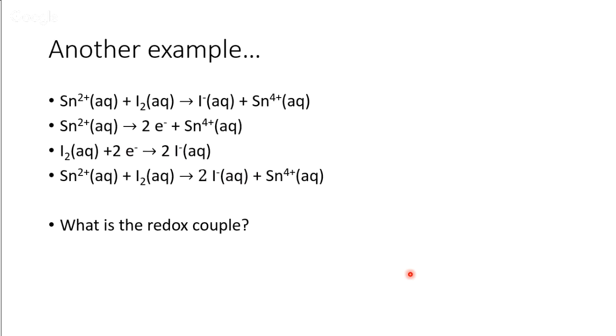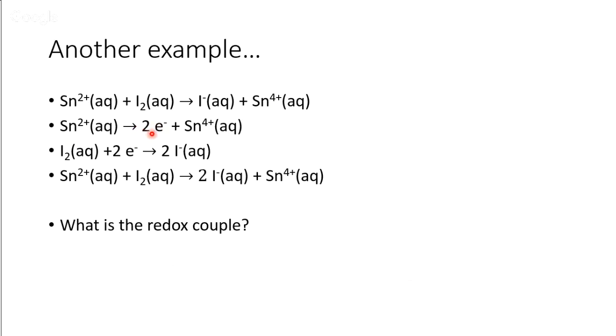Here's another example. We have the reaction of tin ion with iodine to produce iodide and a different tin ion. So first we write the half reactions. For tin, we go from tin 2+ to tin 4+, which means that each tin ion had to give up 2 electrons.